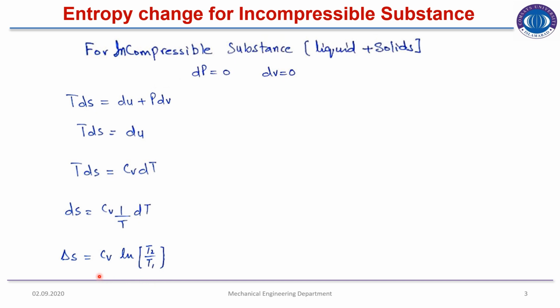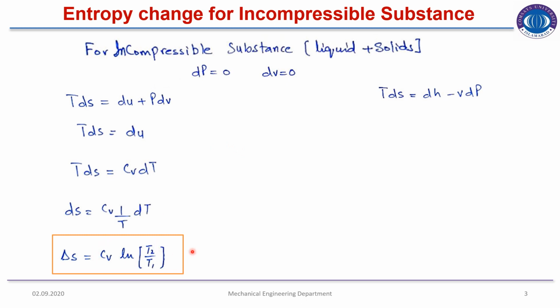So the final relation is delta S is equal to Cv natural log T2 over T1, or change of entropy is equal to Cv natural log T2 over T1. So that is the first relation for the entropy change in an incompressible substance.